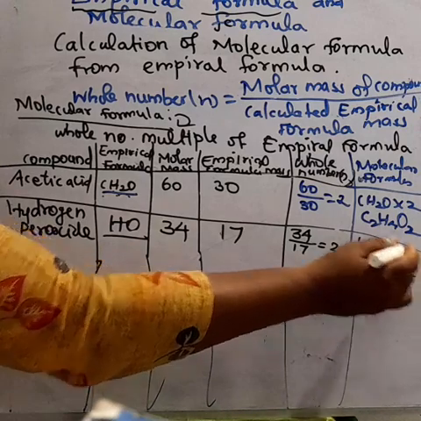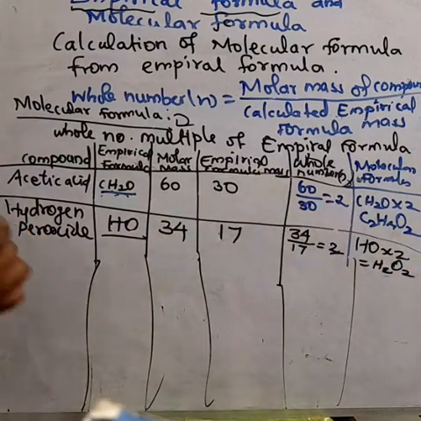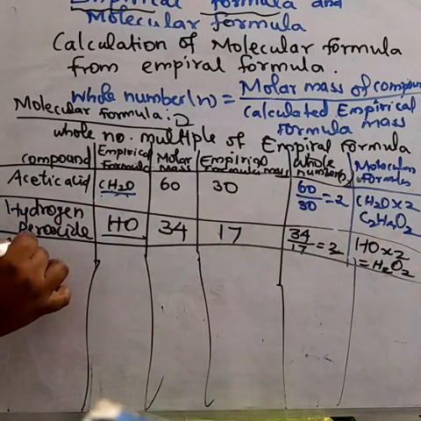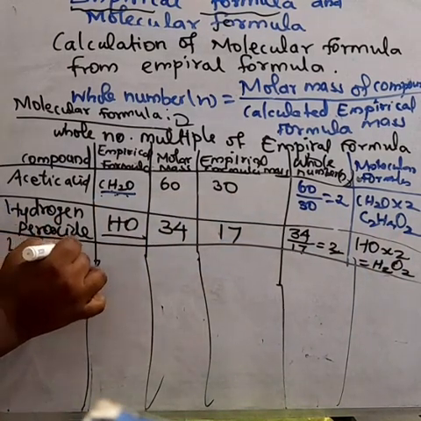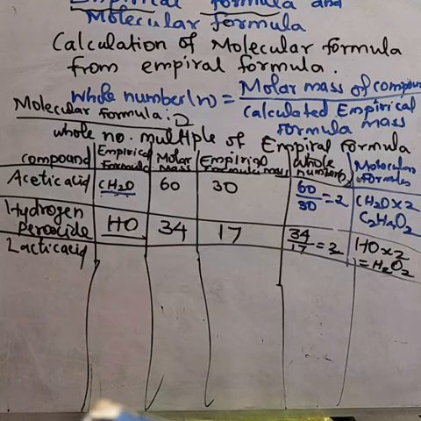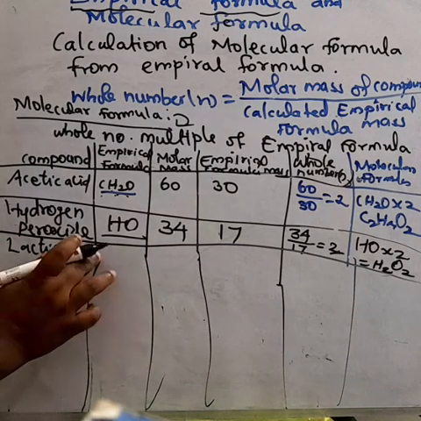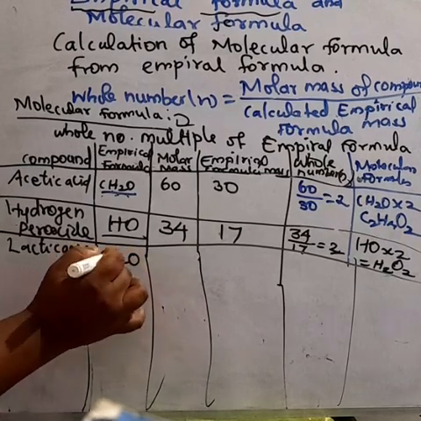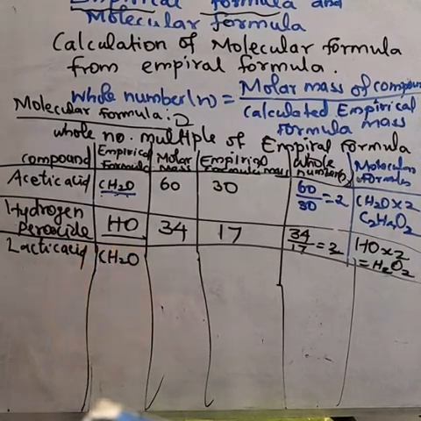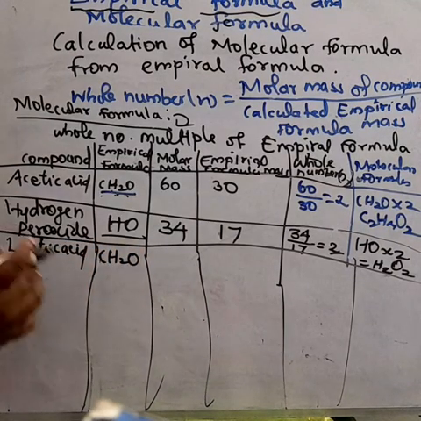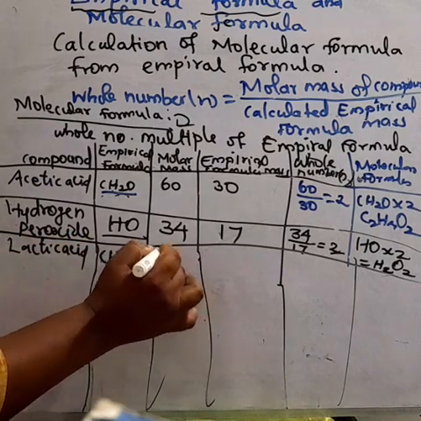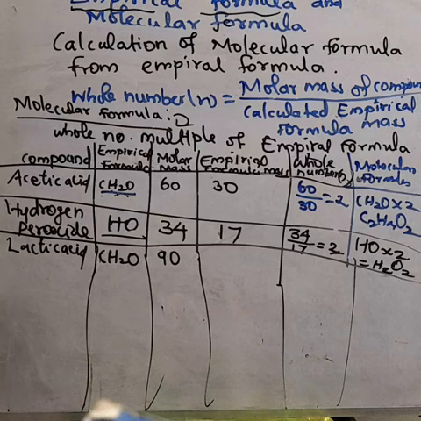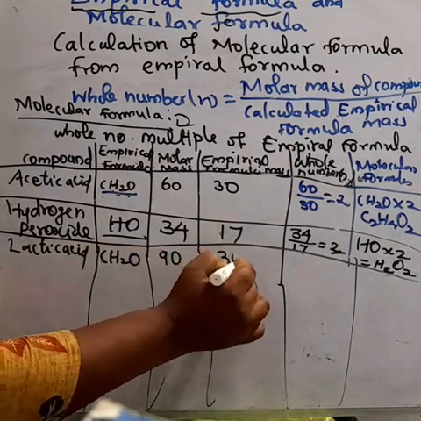And then lactic acid. What is the empirical formula? CH2O. Molar mass of lactic acid is 90. Empirical formula mass is 30.